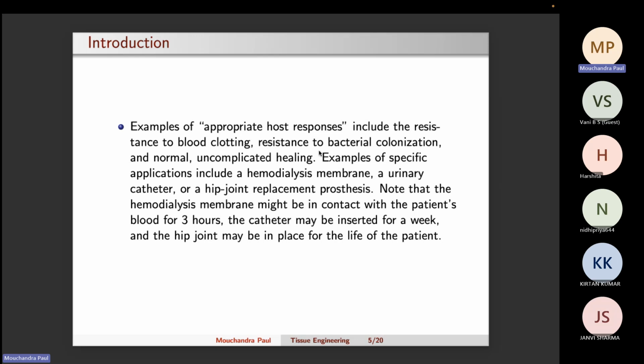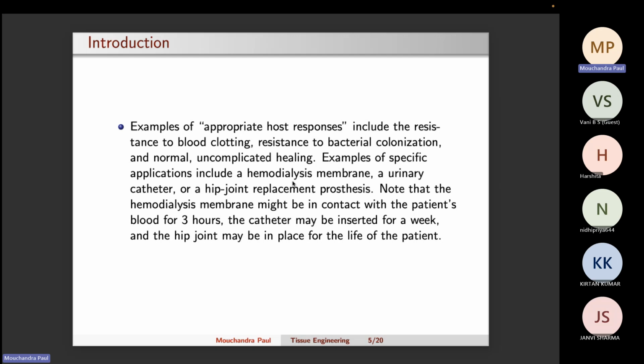Then resistance to bacterial colonization. And if we are making artificial tissue, then we should promote only normal, uncomplicated healing. Complications should not come. These are the appropriate host responses that we look for in a biomaterial used for a particular application.